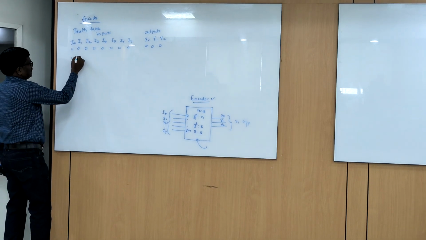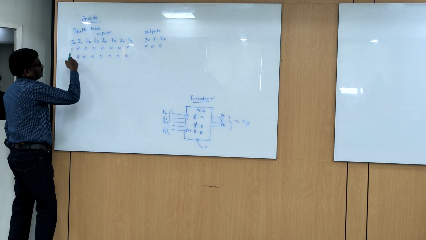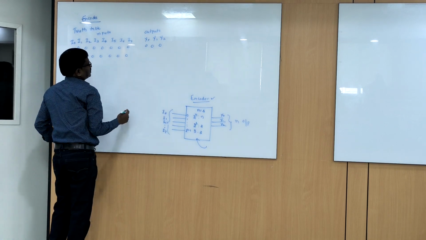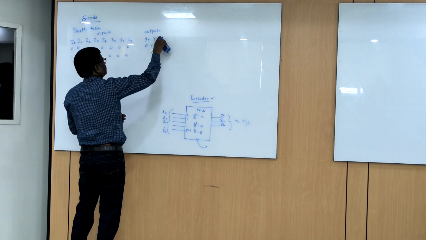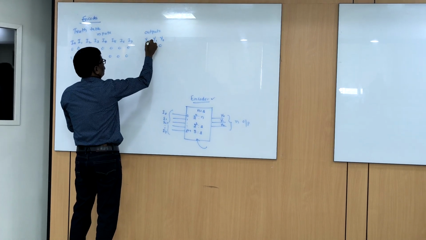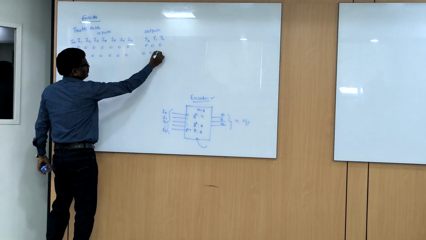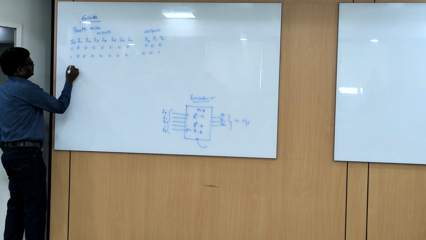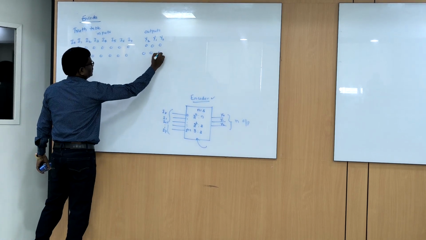Let me write this in the other order so that you can understand well: Y2 Y1 Y0. So for this it is 0 0 1. If I make it 0, still it will be 0. This is the issue in this.